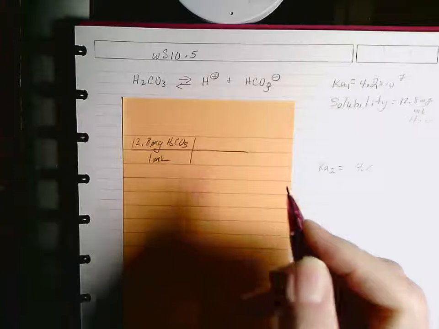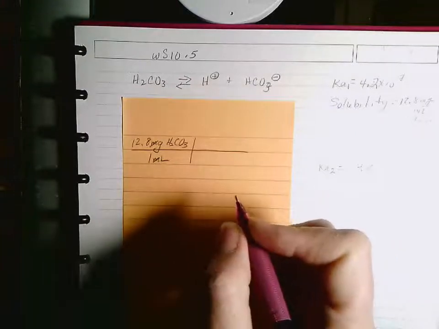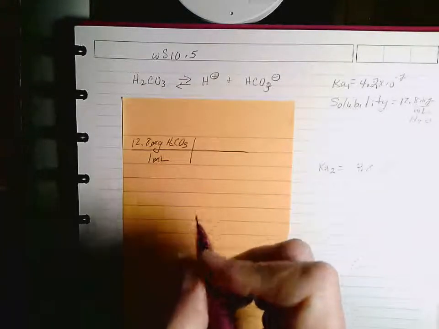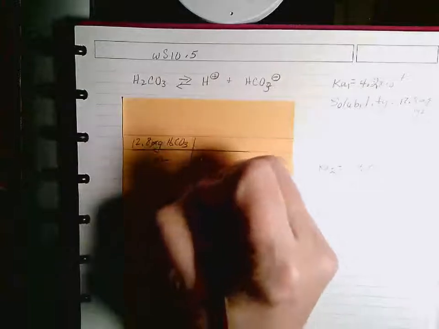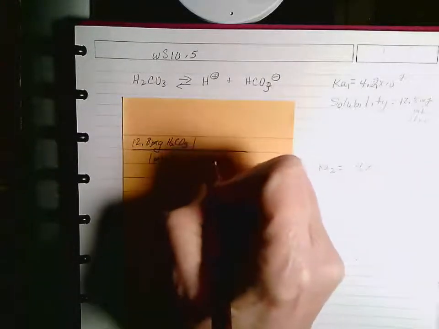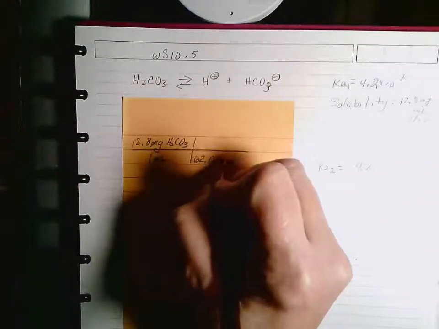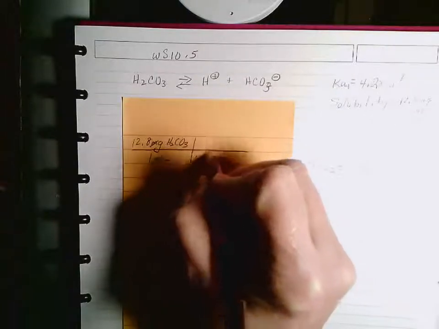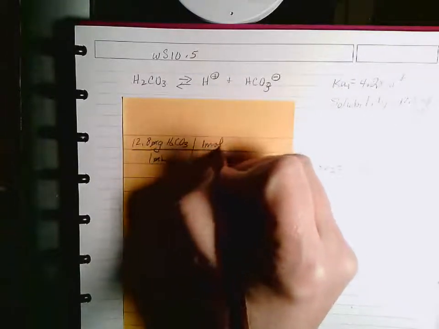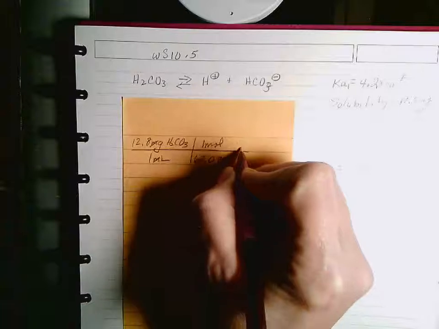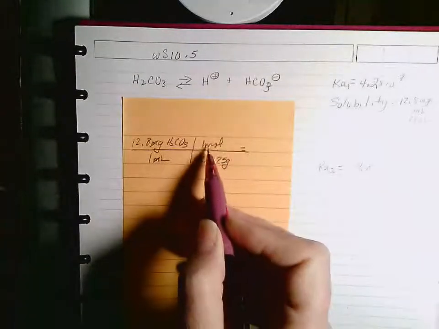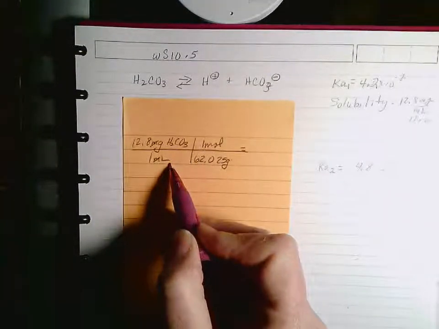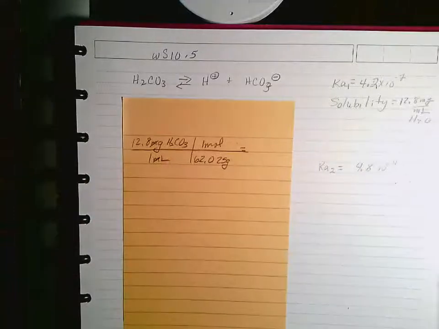And so now my molar mass for carbonic acid is 62.025 grams for 1 mole. And that would get me to moles per liter, which would be molarity, and that's what I need to start with.